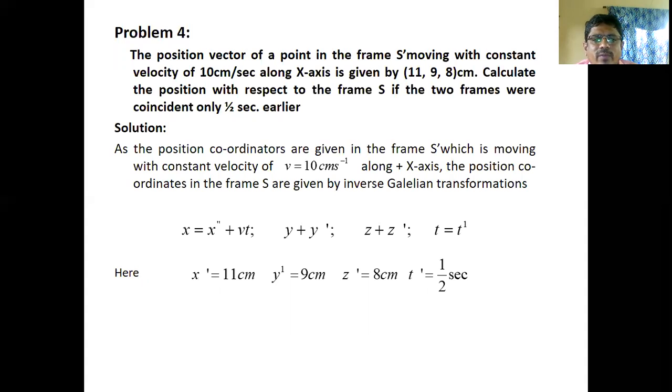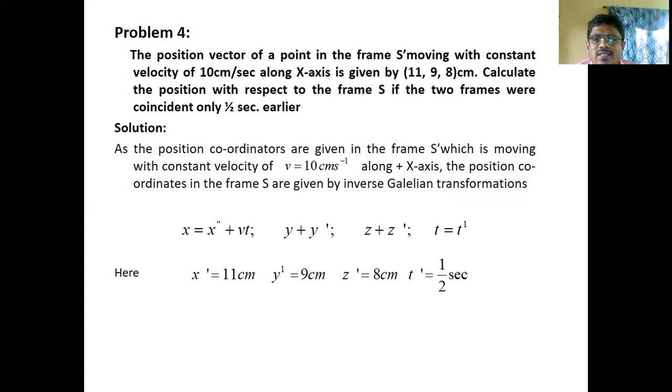Another example, problem number 4. The position vector of a point in the frame S dash, moving with constant velocity of 10 centimeter per second along the x-axis, is given by 11, 9, 8 centimeters. Calculate the position with respect to the frame S if the two frames coincided only half a second earlier.